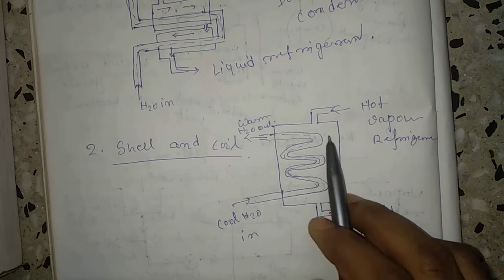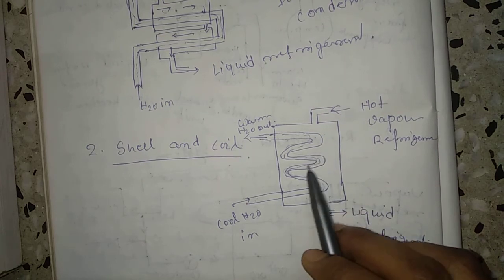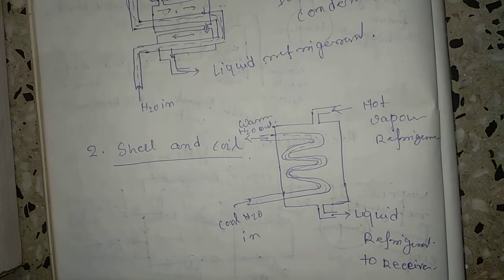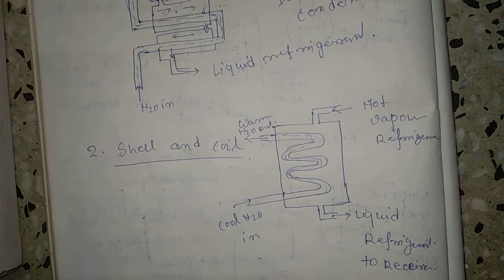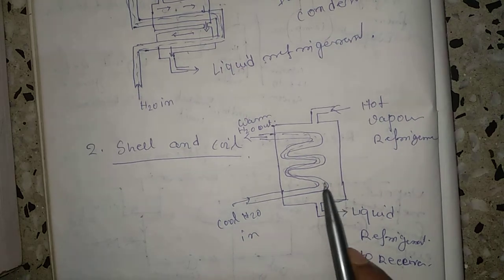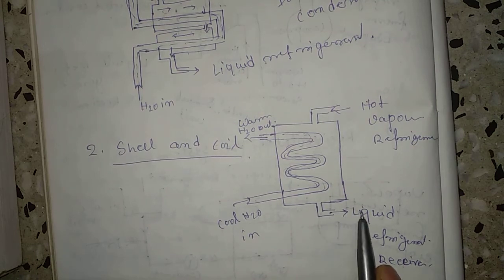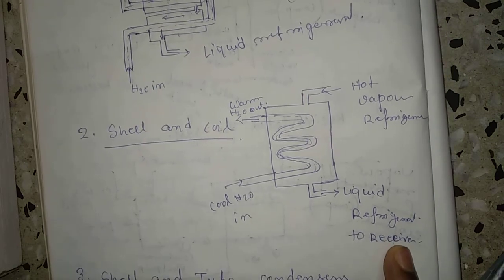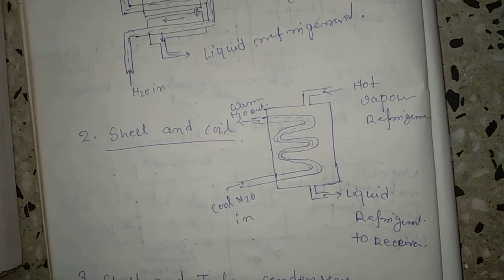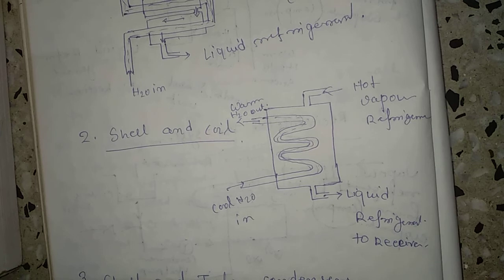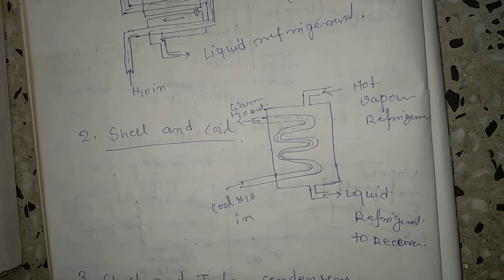The cooled water contacts the hot vapor refrigerant, and obviously the vapor refrigerant is transformed into liquid refrigerant. It comes out from this channel and goes to the receiver. So this is the basic principle of the shell and coil condenser.